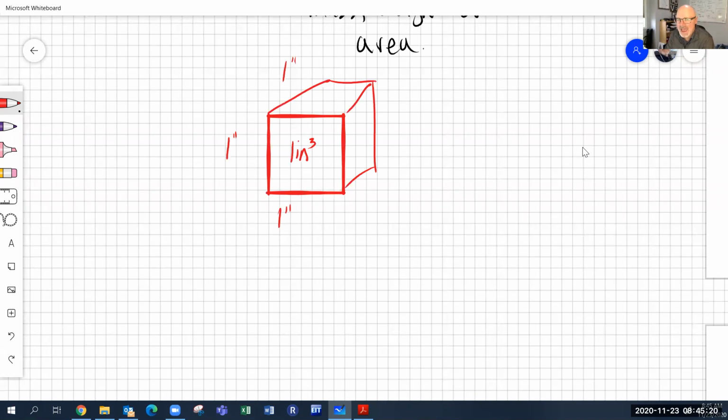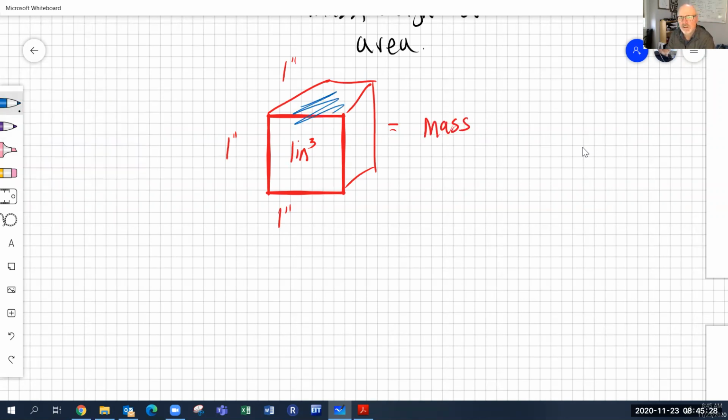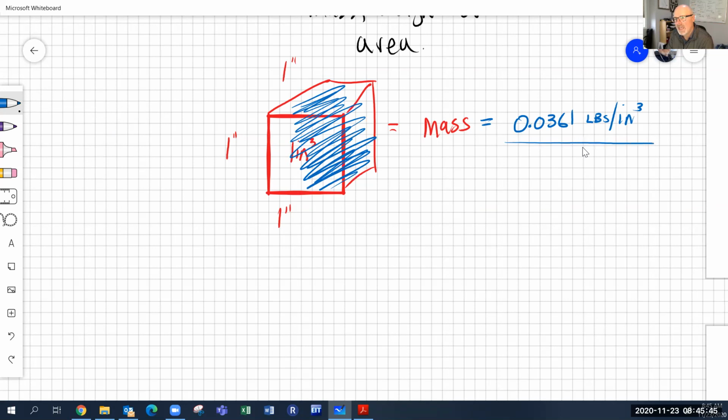But we know the mass of 1 cubic inch full of water. So if this was full of water, we know that the mass of that is equal to 0.0361 pounds per cubic inch. We know that that cubic inch, if it's full of water, weighs 0.0361 pounds, and that's per cubic inch.